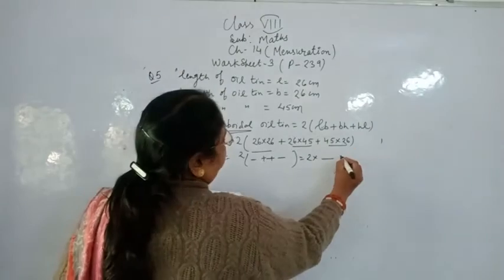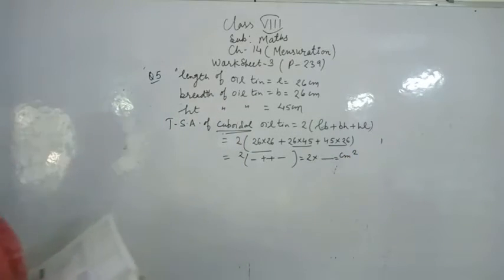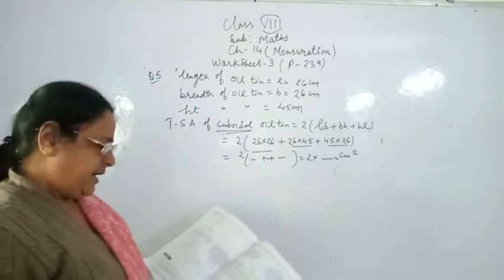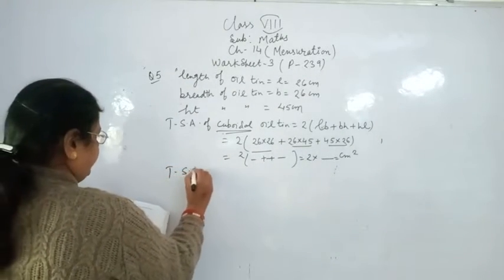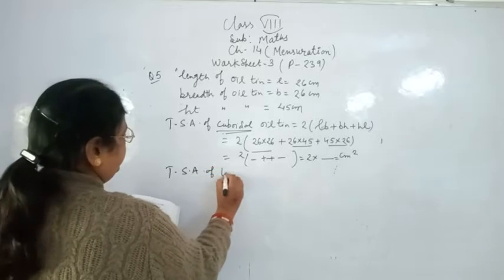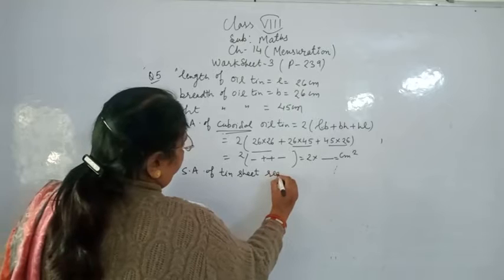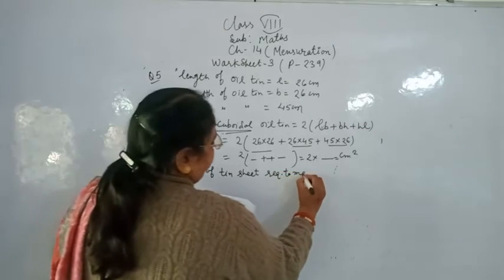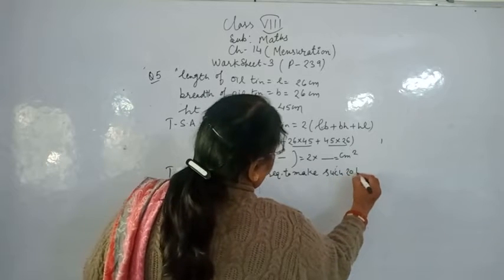Multiplied by 2, it becomes in centimeter square. Your answer will become in centimeter square. And after that we have to find out the total surface area of the tin sheet. You will write: tin sheet required to make such 20 tins.